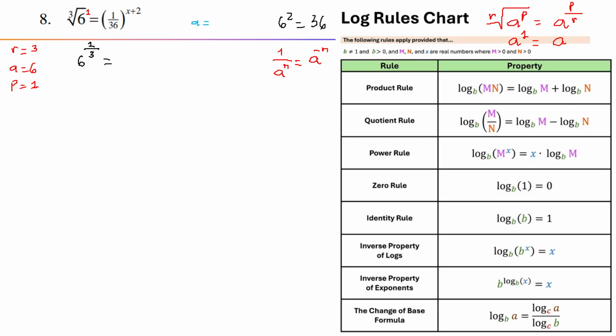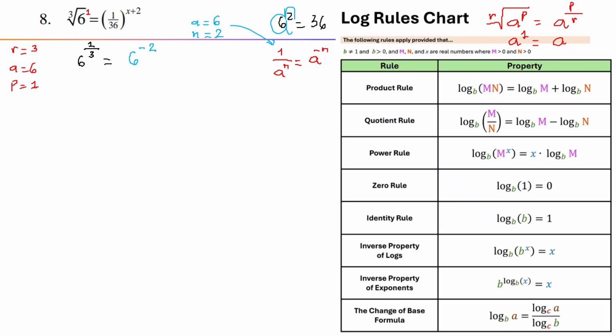So a, in this case, is 6, and it is squared, so n is 2. 6 squared is 36. So here is our a, here is our n, 1 over 36. Now because of that, we will have 6 to the power of negative 2.